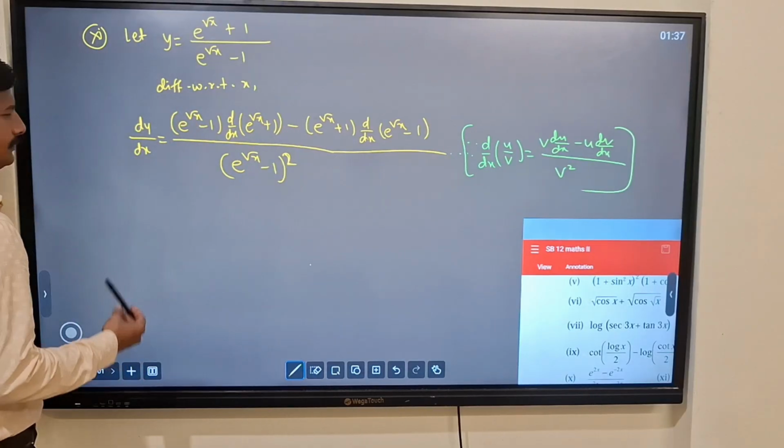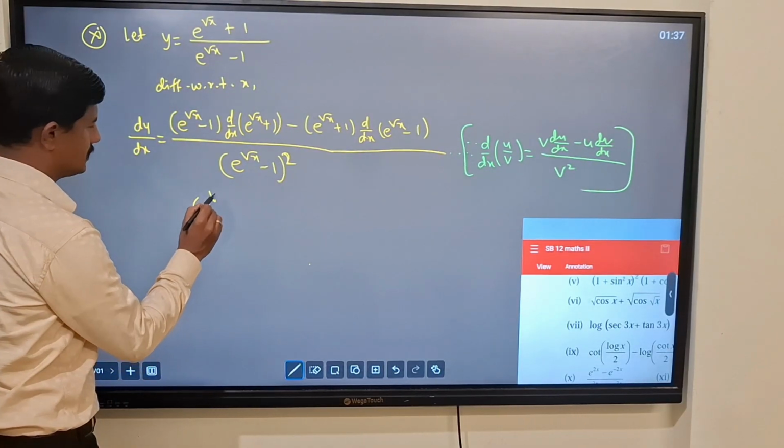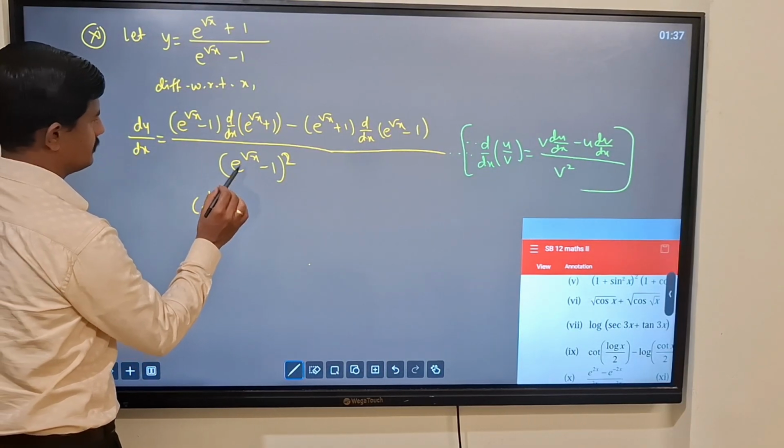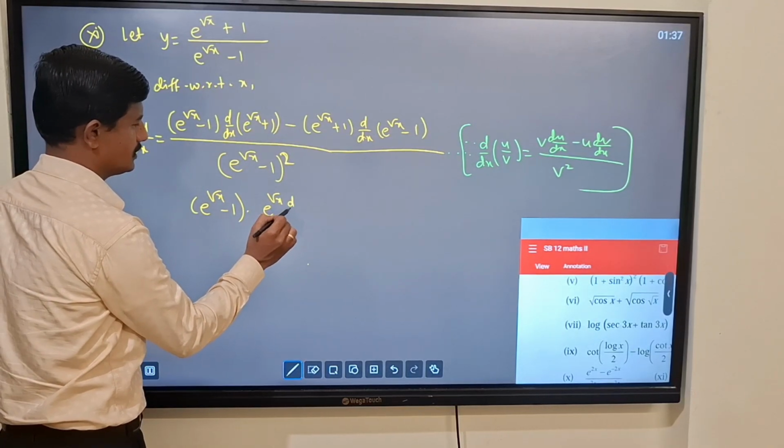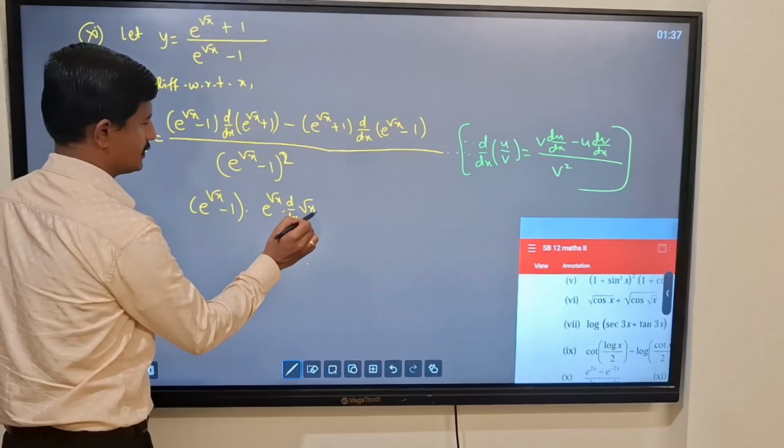Okay. Now this becomes e raised to root x minus 1 into differentiation of e raised to root x is e raised to root x d/dx of root x.